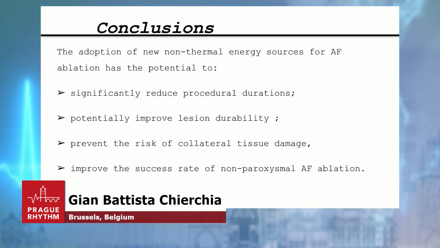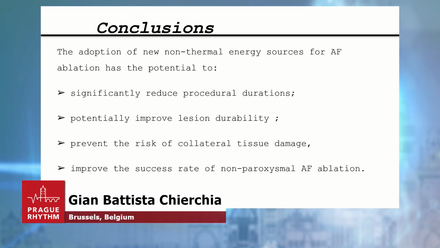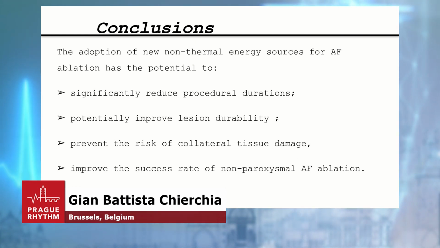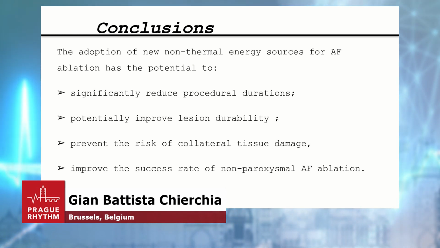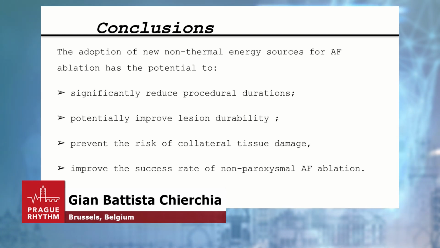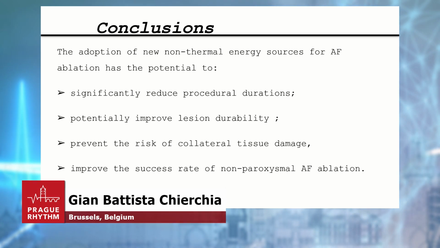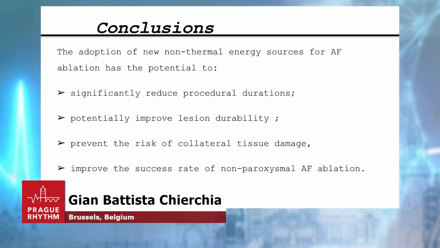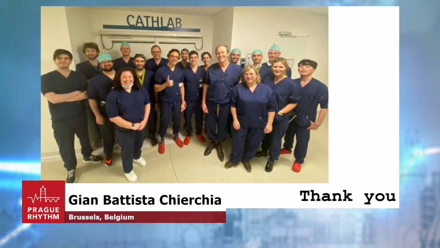It may prevent the risk of collateral tissue damage; I think this is a no-goer. And maybe, at least this is what we're preliminarily seeing, but of course it should be studied in a randomized way, it may improve the success rate of non-paroxysmal AF ablation. I thank you for your attention.